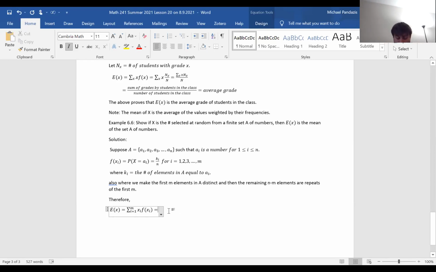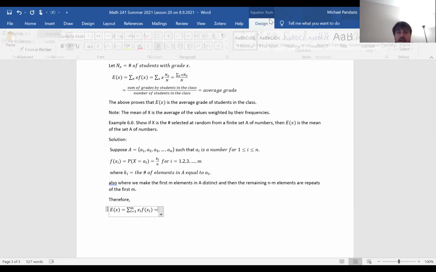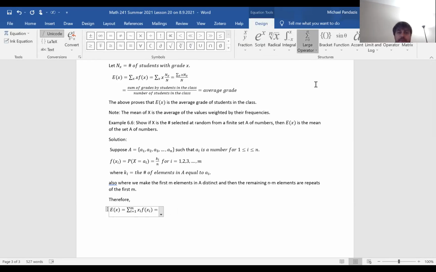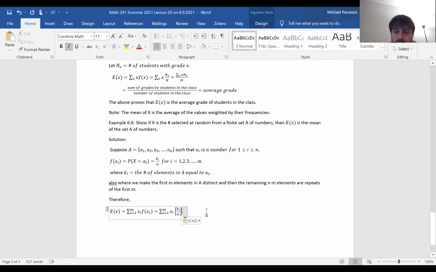And that's equal to the sum from i equals 1 to m of x sub i times f of x sub i, where f of x sub i is k sub i over n for all those values from 1 to m. We're only continuing to sum there because the rest are repeated, and that's considered in the sum.